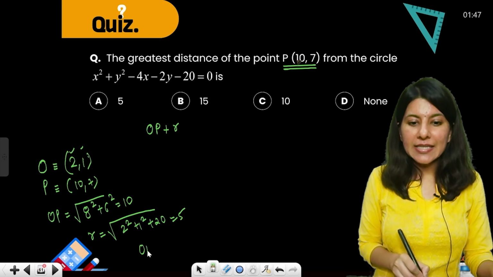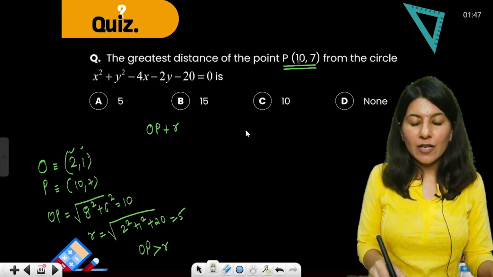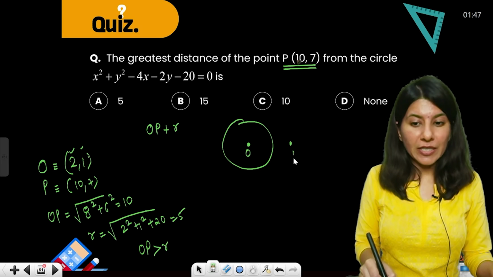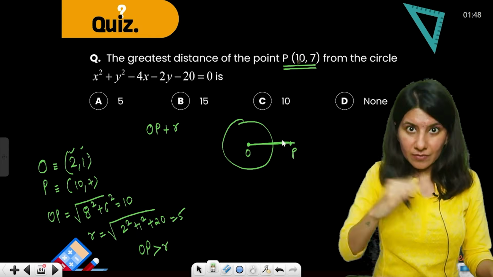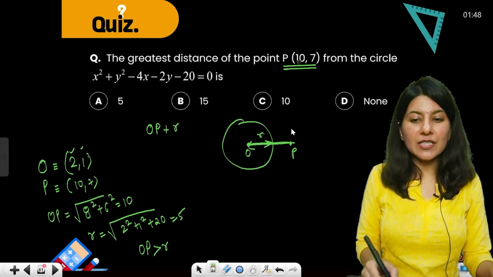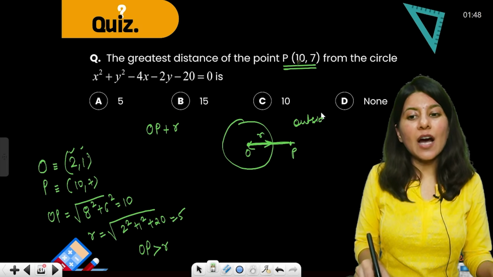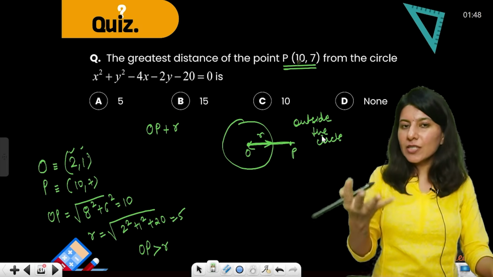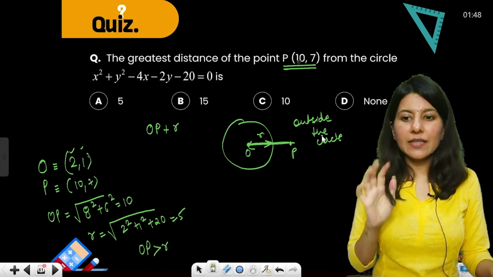Obviously, OP is coming out as greater than R. So the distance between the center and point P is greater than the radius of this circle. Are you getting my point? So this is lying outside the circle. Another method is to just substitute that point. If it is positive, you will see that it is outside.